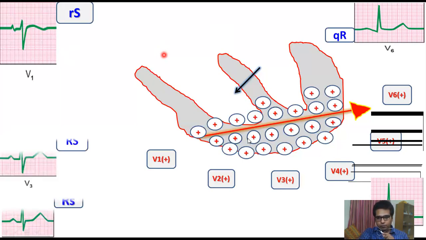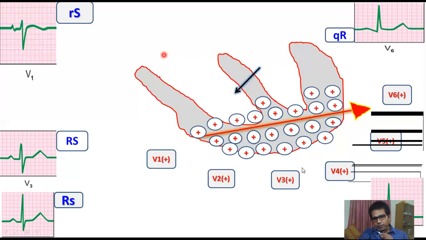Now, what will happen to V3 and V4? Actually, from this position, they will record the electrical activity in such a way that initially the depolarizing vector is coming toward them.